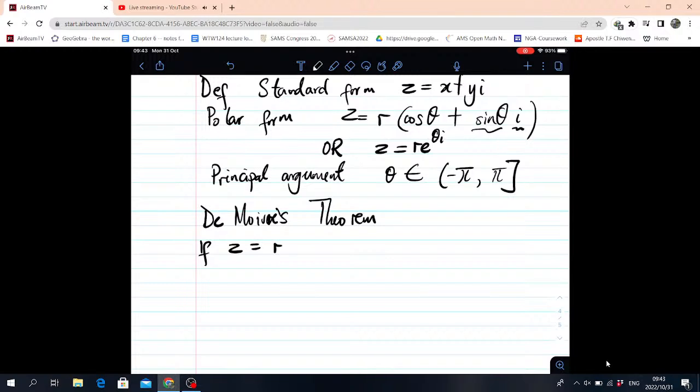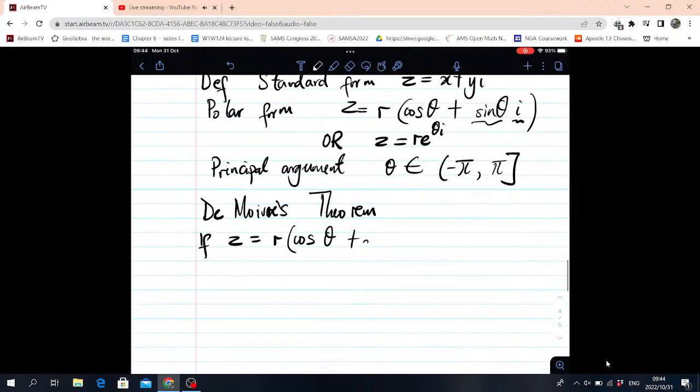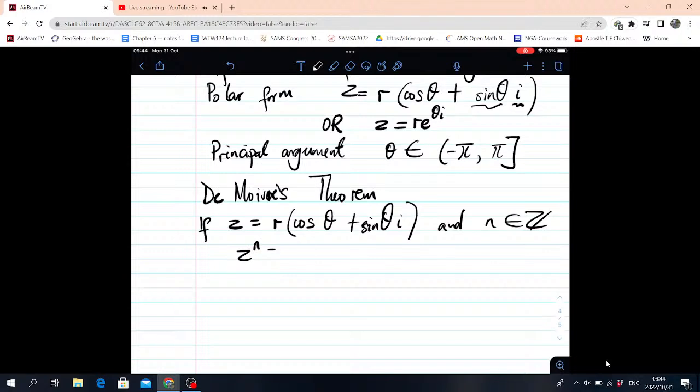Right, so if you've got a complex number written in polar form, r cos theta plus sine theta i, let me be consistent for once in one lecture, and n is an integer, then z to the n is equal to r to the n, cos n theta plus sine n theta i, like that, right?